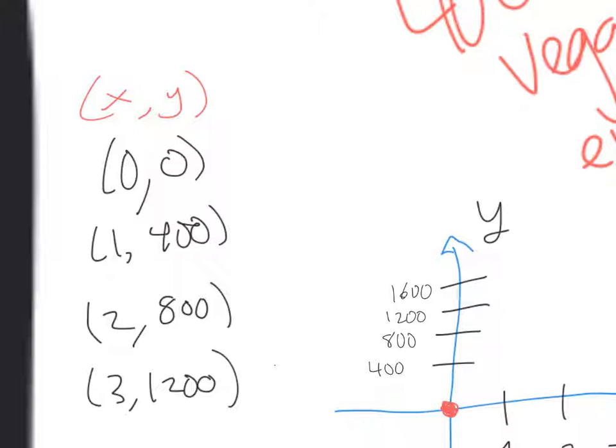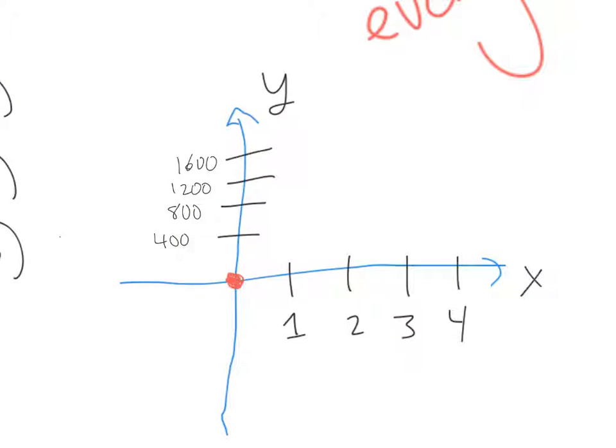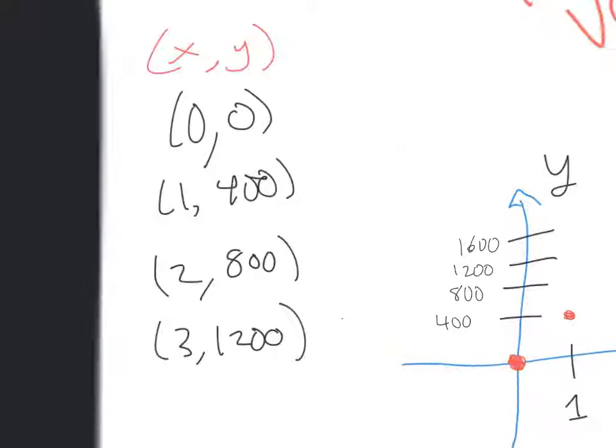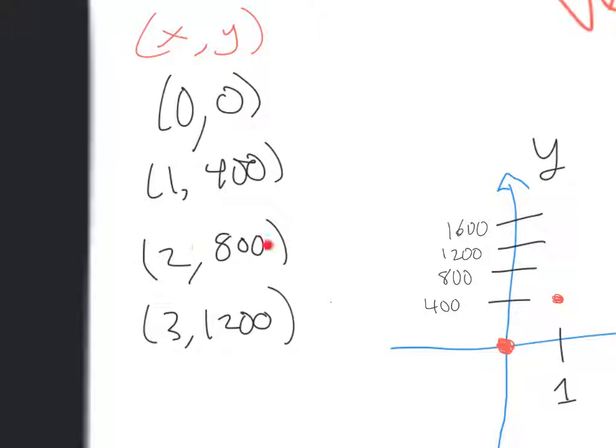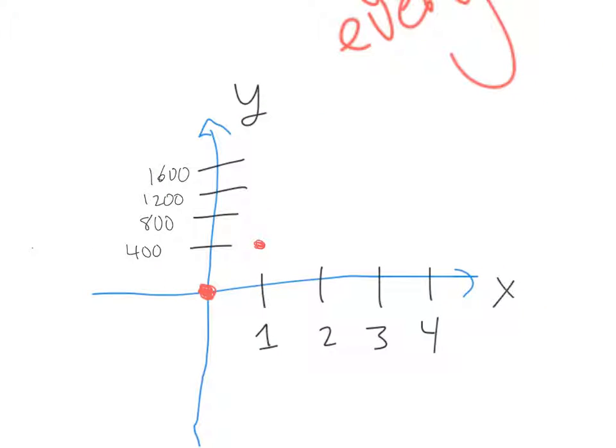The second point was 1, 400, so that would be right about there. The third point was 2, 800. That's right there. And the last point was 3, 1,200. Okay, and there is your function representation.